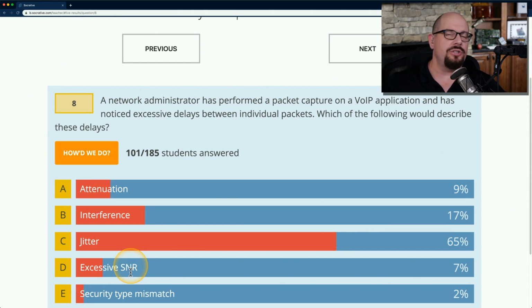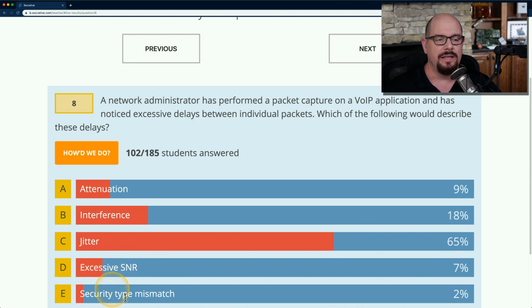But all of the other signal around you, that's noise. And what you want is a much louder signal than what we have noise. That way your signal can make it through the noise. So you want your signal to noise ratio to be very wide. You want much more signal than you would ever have noise. If you got a 1-to-1 ratio of signal to noise, that's a very bad situation to be in. Or even less than 1-to-1, a very bad situation to be in. So it would not be excessive signal to noise ratio.